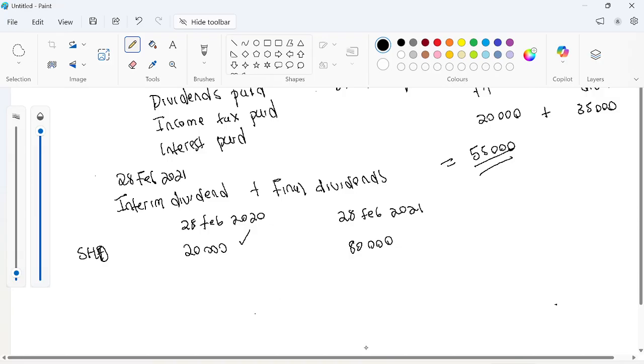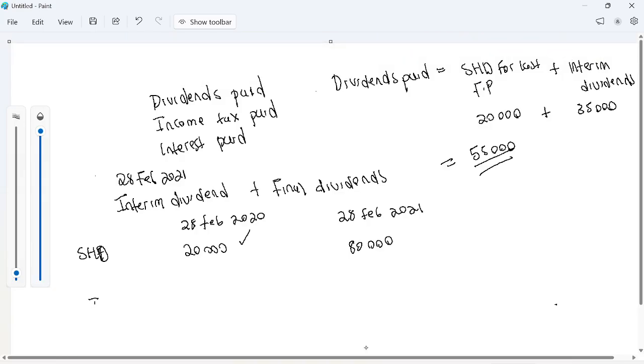And they can say total dividends for the year is maybe 100,000, right? Meaning what makes up total dividend? Total dividend is made up of interim dividends plus shareholders for dividend of the current financial period.